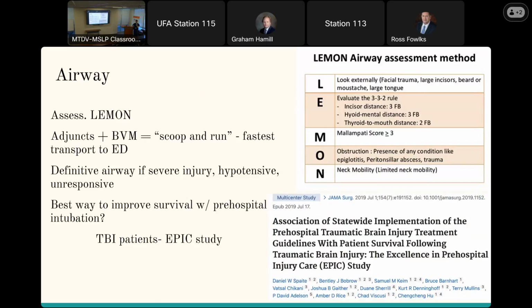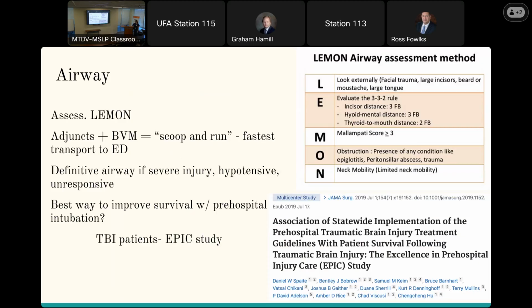So facial trauma, if the patient has a bunch of saliva or soot or anything, maybe some broken teeth, if they have an obstruction or even a large beard, and then measuring, this is more for planned intubation, looking at how narrow their vocal cords and pharynx are going to be and anticipating some adjuncts.